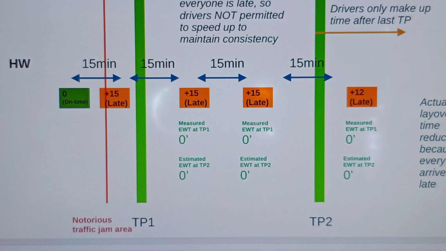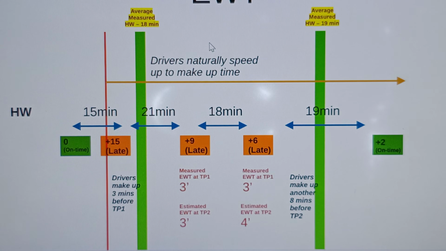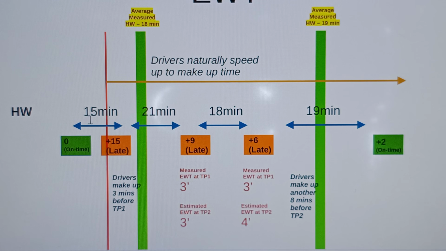So this is saying that headway is consistent if everyone is late. So drivers are not permitted to speed up to maintain consistency. Because with no action taken, if BOCC doesn't take action, the drivers driving at different speeds would mess up the frequencies, right?